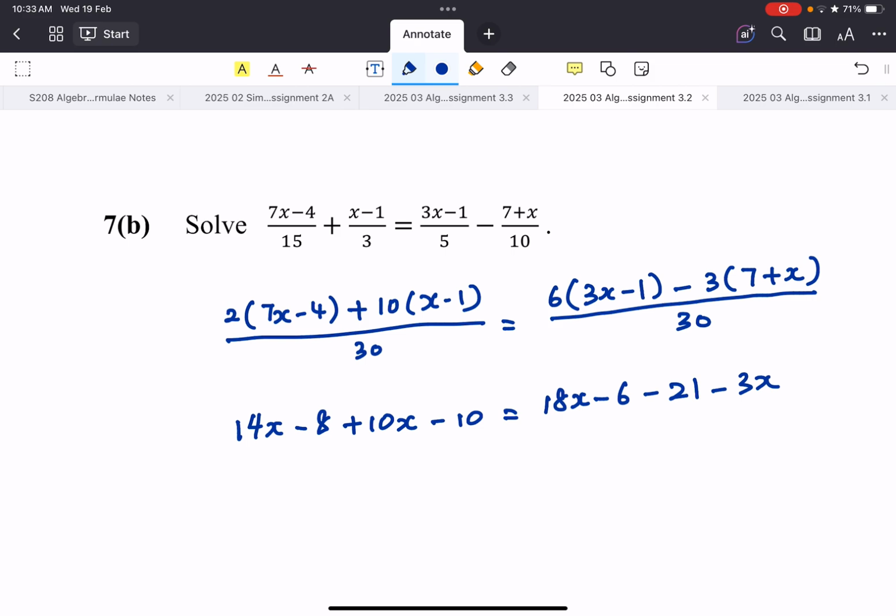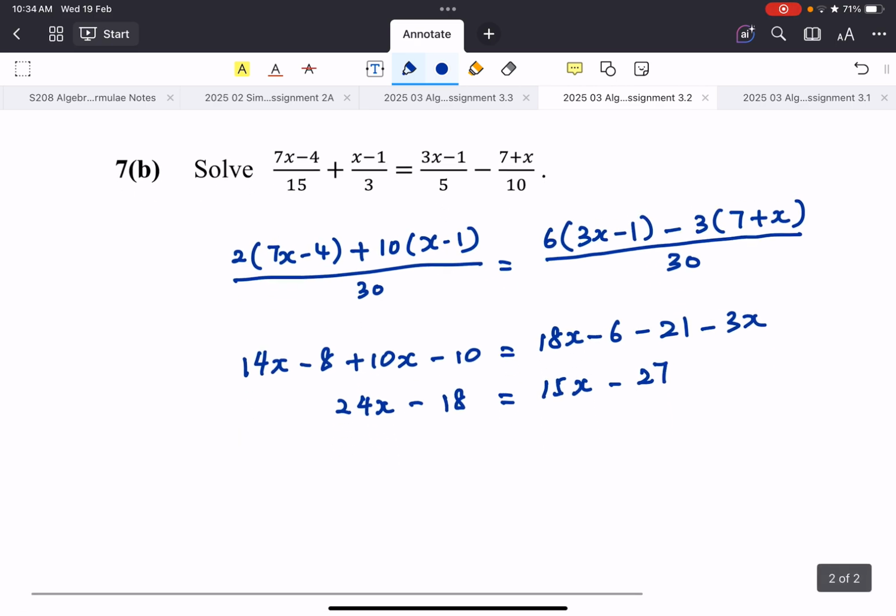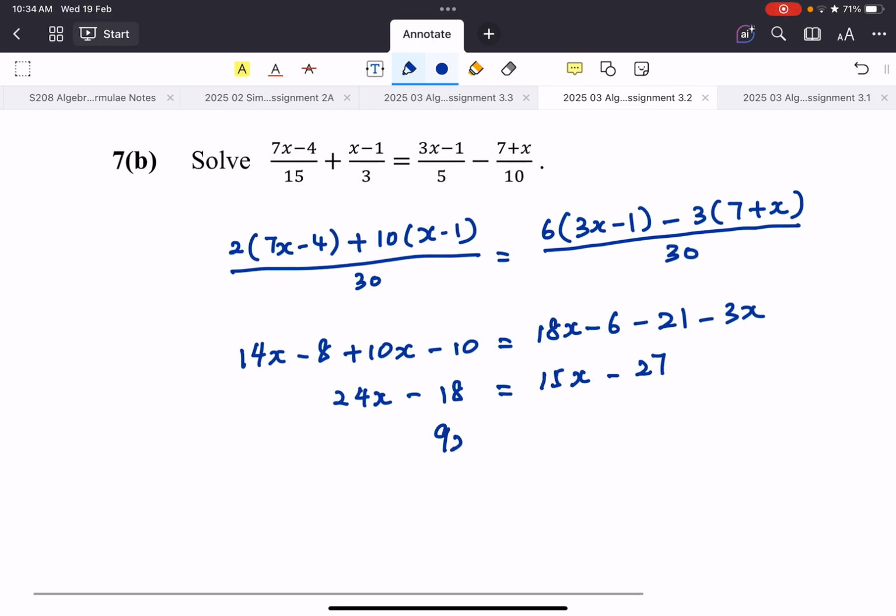Simplify, we have 24x minus 18 equals 15x minus 27. So we have 9x equals negative 9.